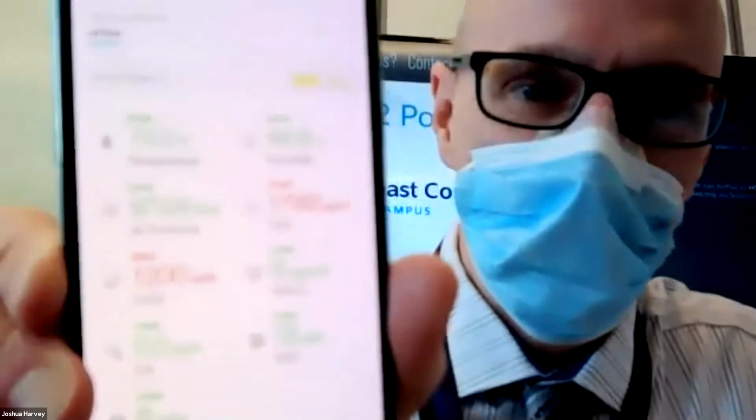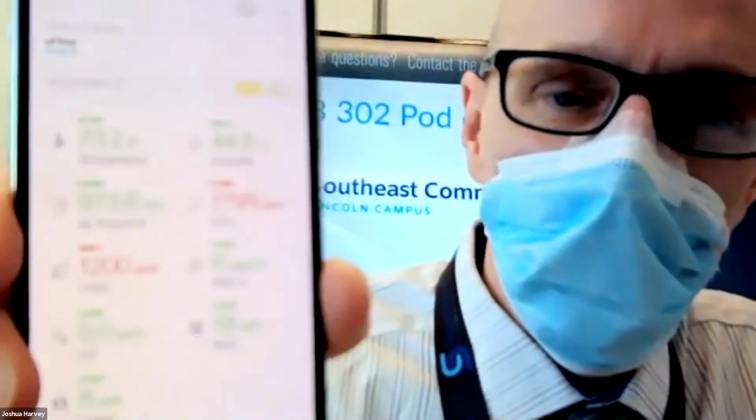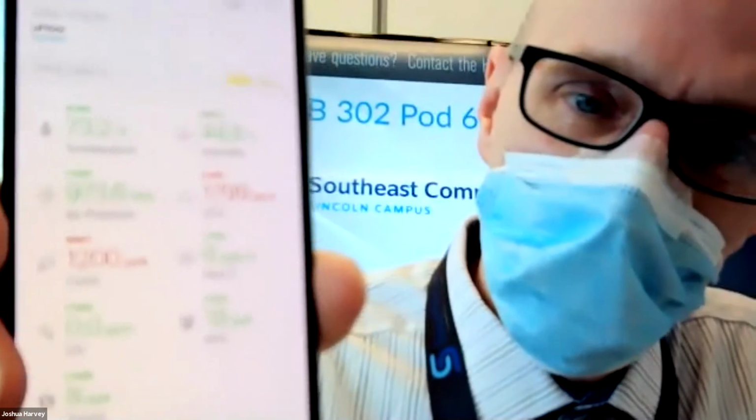One thing that I have is a bunch of little devices. I don't know if I'll be able to get this to where you can actually see it on Zoom. I have a device called a Yoo-hoo, and right now the CO2 in my house, that poor camera doesn't know what to focus on.